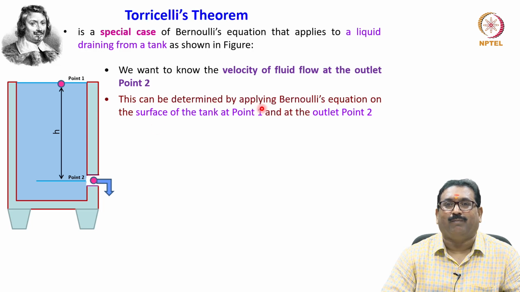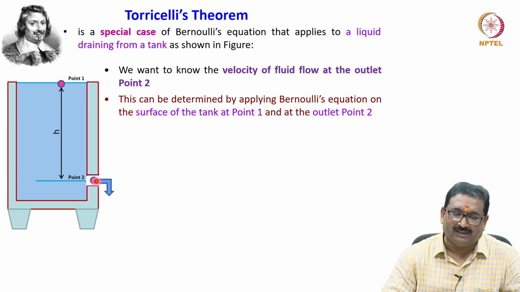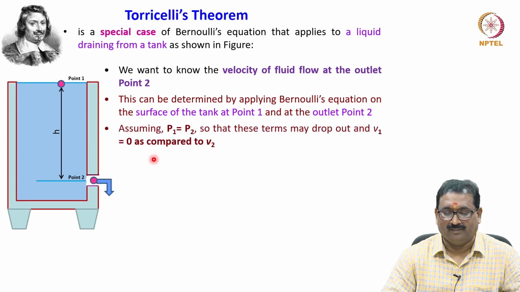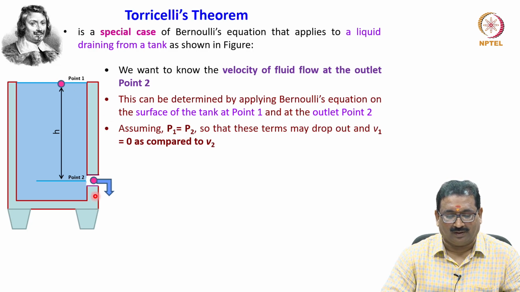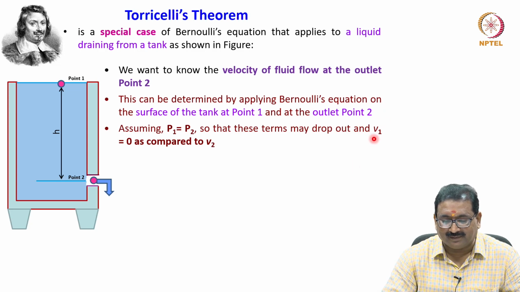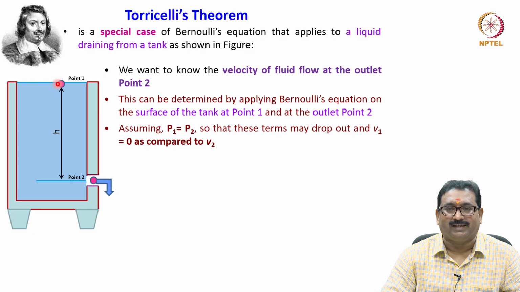This can be determined by applying Bernoulli's equation on the surface of the tank at point P1 and at the outlet point P2. Again, you will apply Bernoulli's equation at point 1 and point 2, assuming P1 equal to P2 so that these terms drop out, and V1 is 0 as compared to V2.